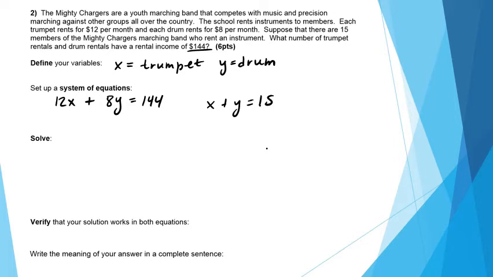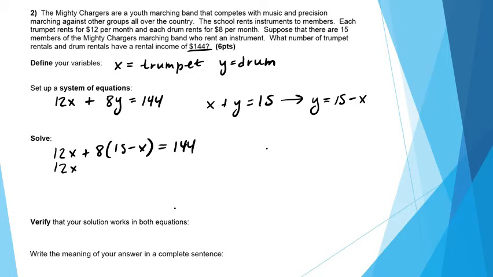So now I'm going to rewrite this equation so that I can solve for y. In this case, y equals 15 minus x, so that now I can substitute into the other equation. So I'll have 12x plus 8 times (15 minus x) equals 144.